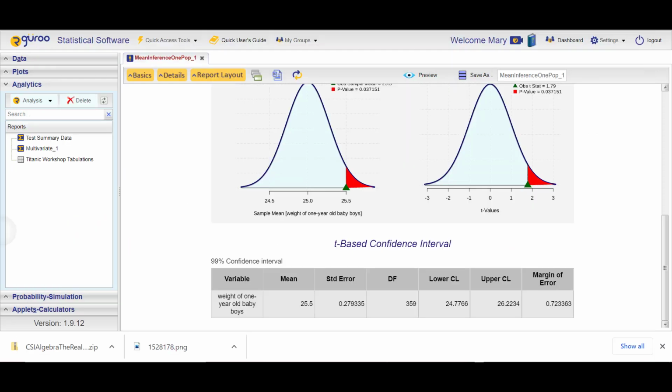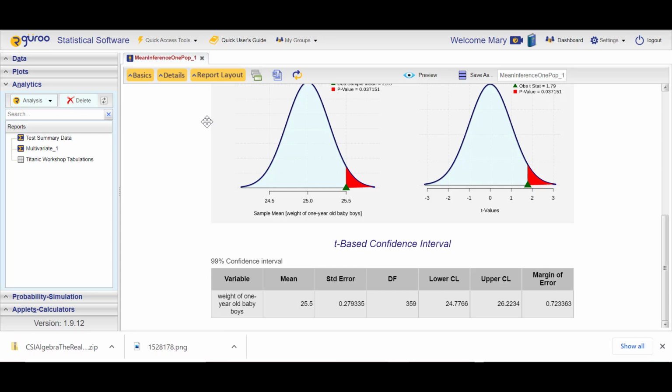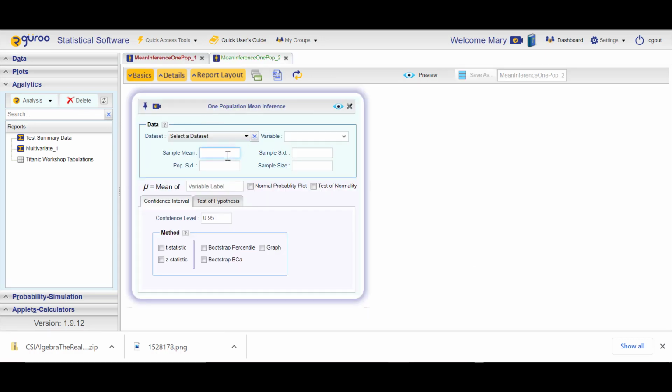So let's go back here and we'll go to analysis under analytics, mean inference, one population. Sample mean is 22.8. Sample standard deviation, 17.9. No population standard deviation. Sample size is 1019. Labeling the variable, it's the mean commute time.